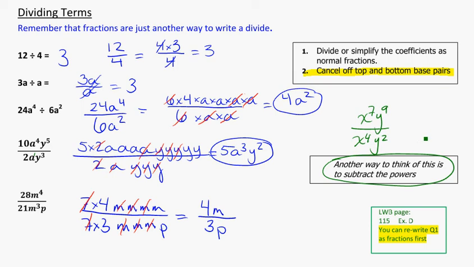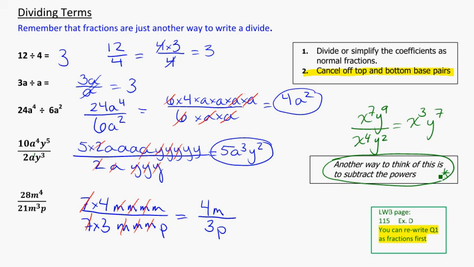But if you notice, it was also that subtraction idea. So 7 x's on top, take the 4 off the bottom, it's going to be left with x to the power of 3. 9 y's on top, take off the 2 on bottom, you're going to be left with 7 y's, so you'll be left with x to the 3, y to the 7. So that's just another tip for you.